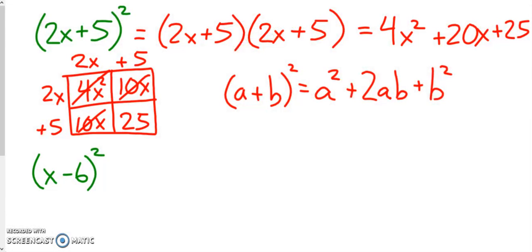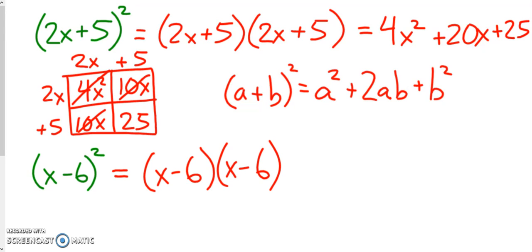Now, let's take the same approach on this one. X minus 6, write it twice, multiply it by itself, shaking hands, foiling, doing the little box thing, whatever you want to do.